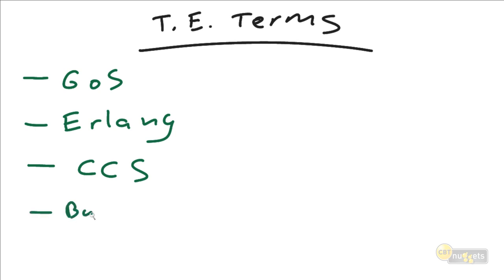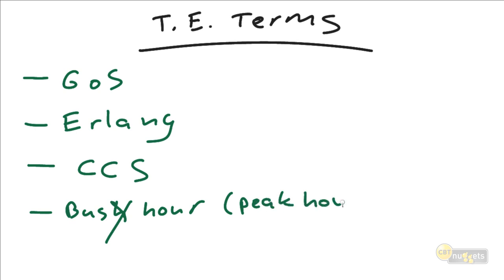You might hear the term busy hour. Not Bush, but busy hour. Busy hour is a 60-minute period in a given 24-hour period during which the maximum total traffic load occurs. Oftentimes, you'll hear this referred to simply as the peak hour.